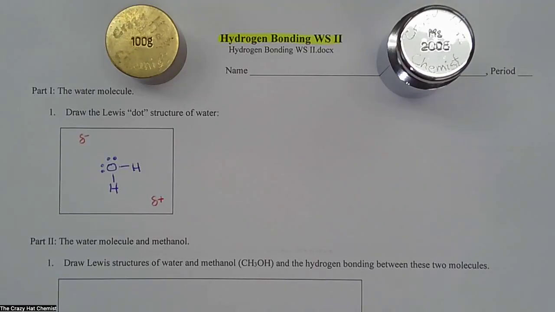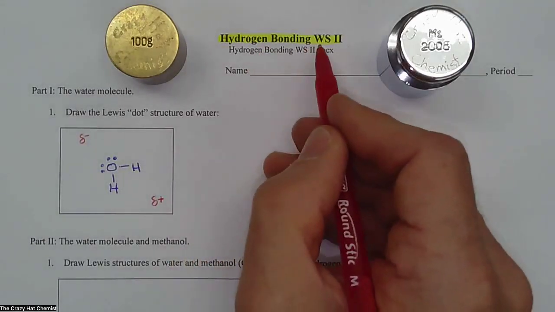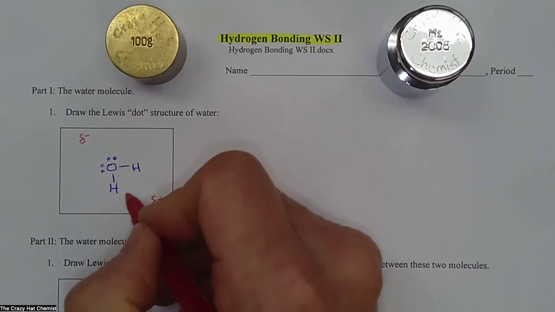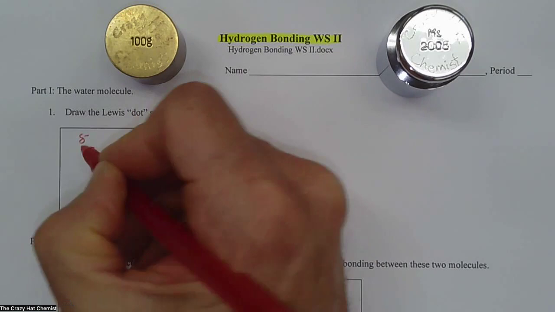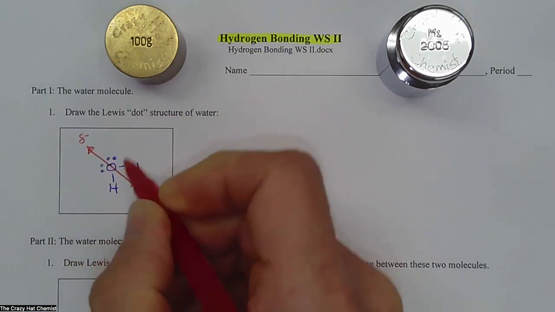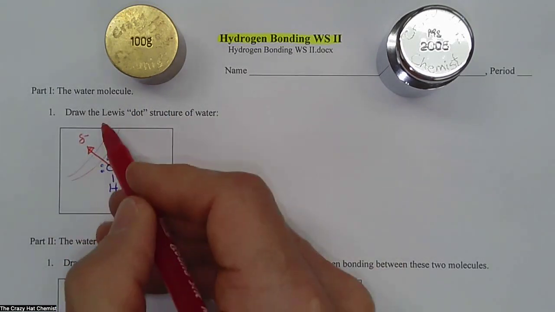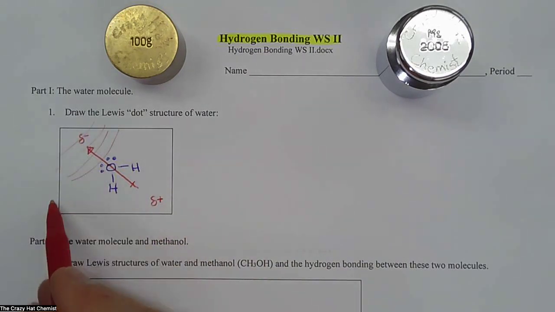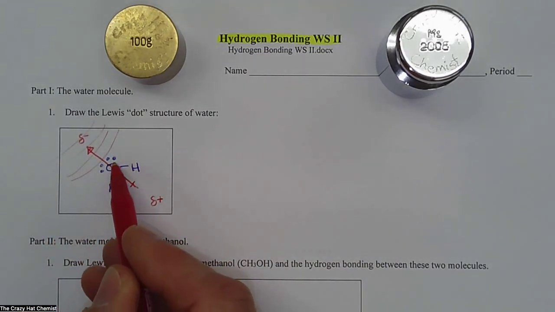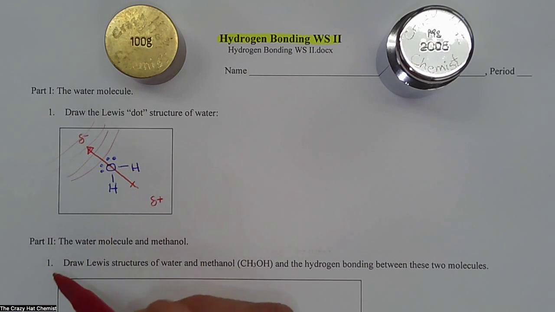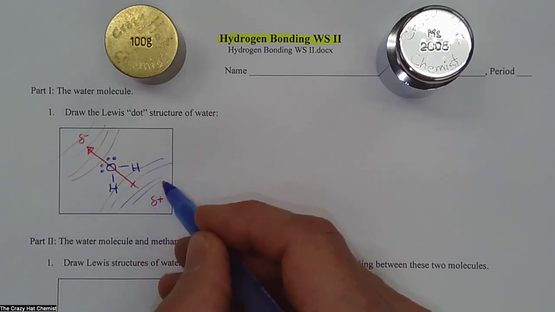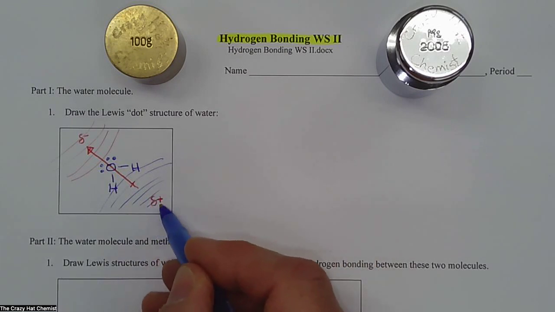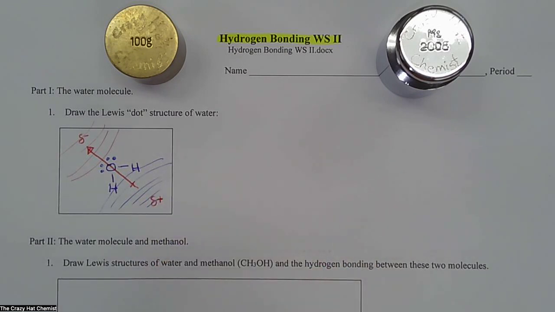Water is asymmetric, like I discussed in the hydrogen bonding worksheet number 1, and therefore you can draw a molecular dipole. That molecular dipole coincides with the electronegative end. That's why there's a delta negative right over here, where there's a very electronegative element, that's oxygen, and the electropositive end of where the hydrogens are. That's where that delta positive end is.